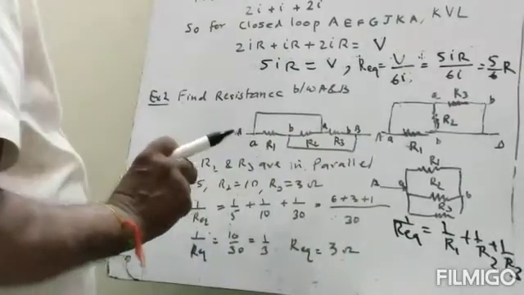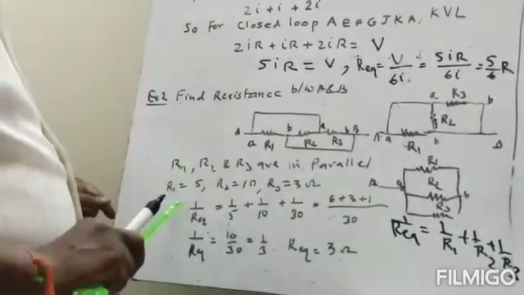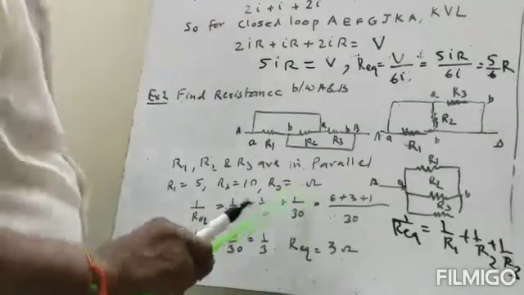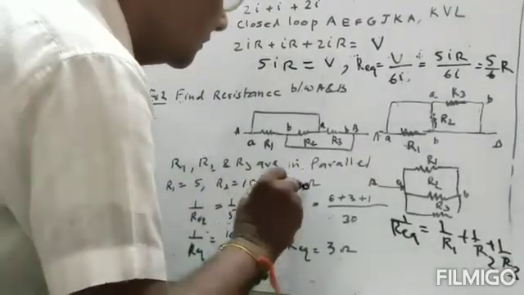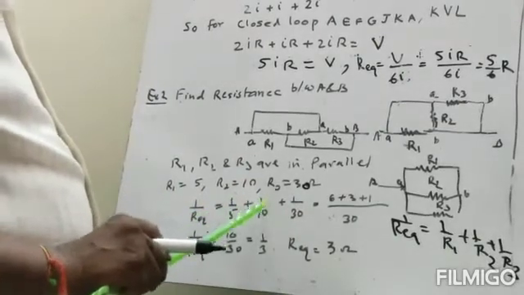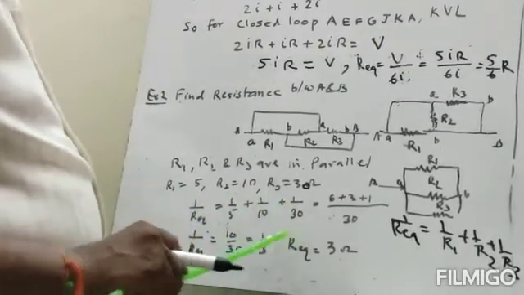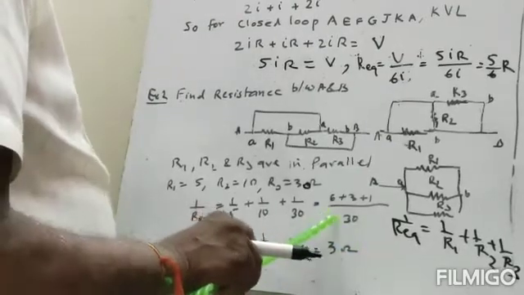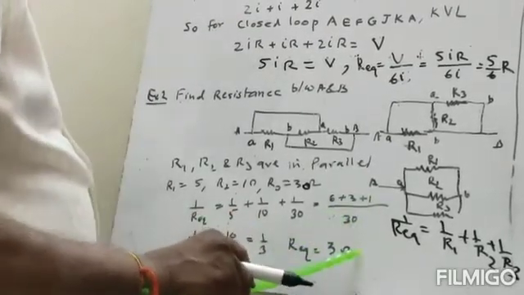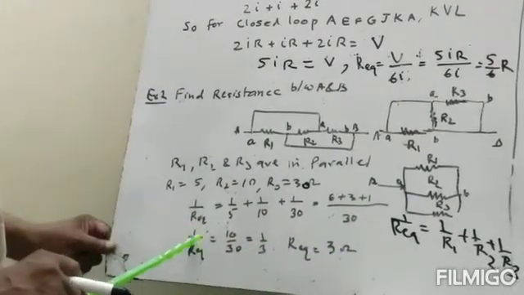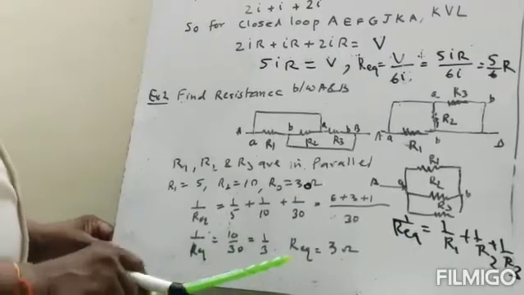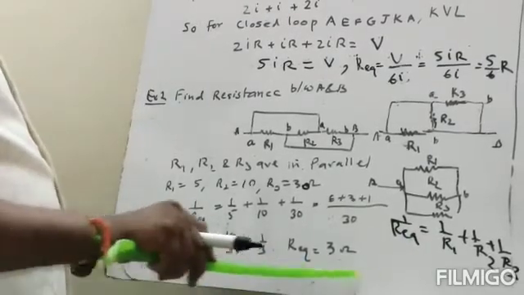Now if we consider that R1 is equal to 5 ohm, R2 is equal to 10 ohm and R3 is equal to 30 ohm, then 1 by R equivalent will be 1 by 5 plus 1 by 10 plus 1 by 30. We take the LCM 30. This is equal to 6 plus 3 plus 1, so this is 10 divided by 30, which is equal to 1 by 3. So R equivalent will be equal to 3 ohm.